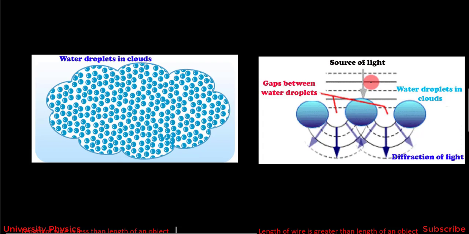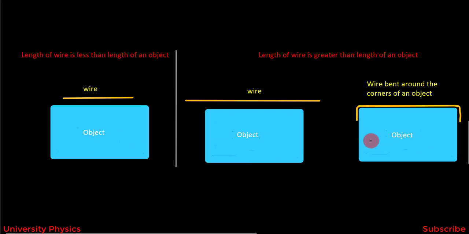So the light ray after passing from this water droplet through these small gaps diffracts in different directions, and after passing this droplet the light appears brighter when there is constructive interference and appears darker when there is destructive interference. The diffraction of light depends on the wavelength of light.